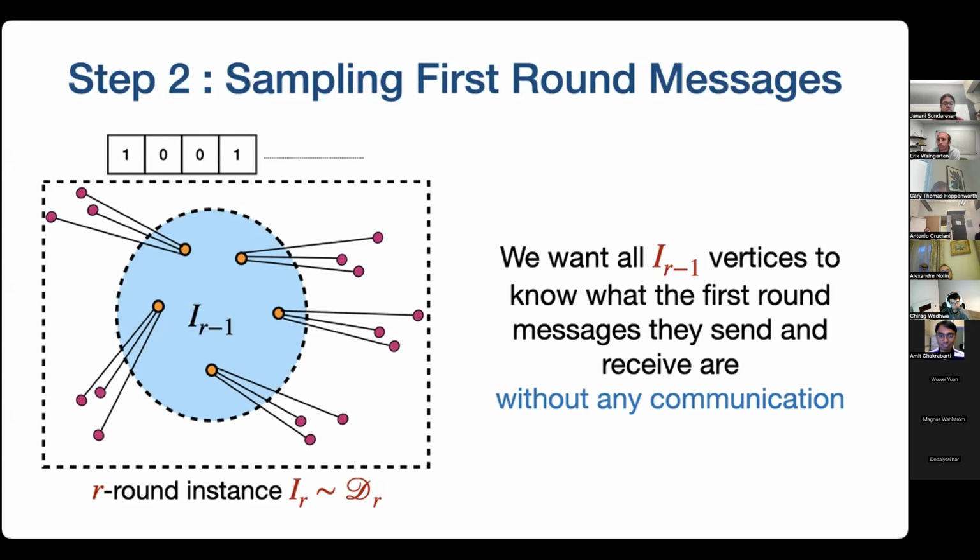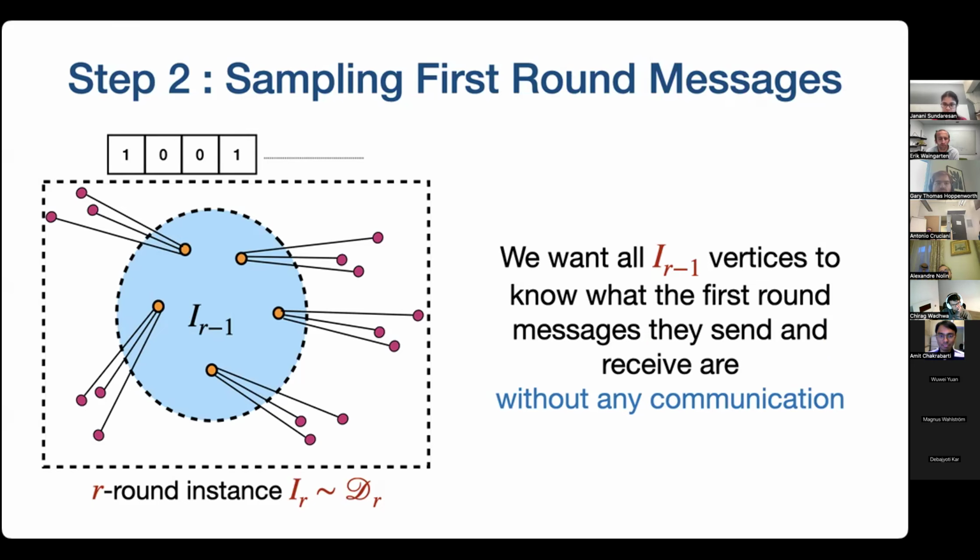It's just that we give a way where all of the vertices inside the blue part, which are the real vertices, are going to know what messages they would have sent in protocol Π_R if they had gotten this bigger instance I_R, and what messages they would have received from all of their neighbors in the bigger instance I_R in protocol Π_R, without actually talking to each other and using any communication.